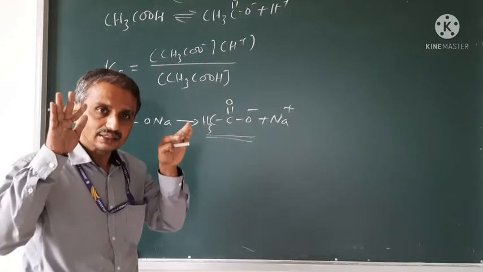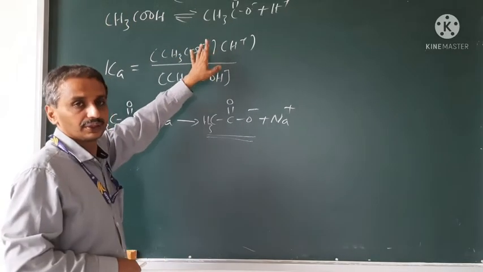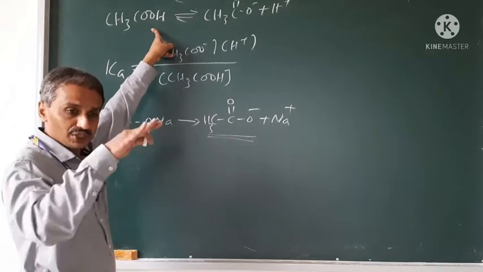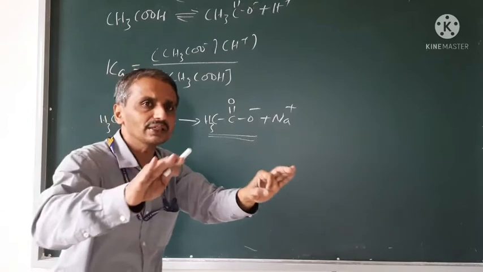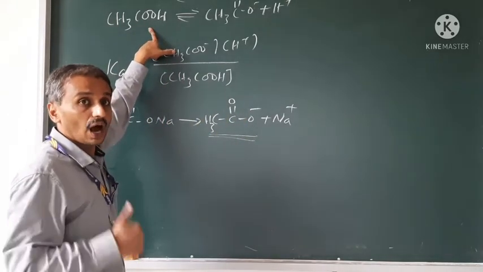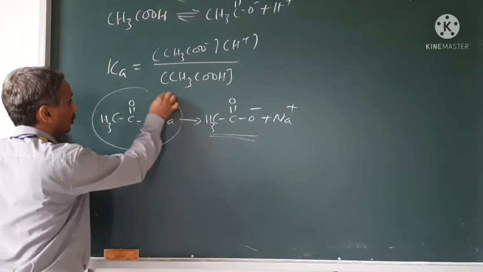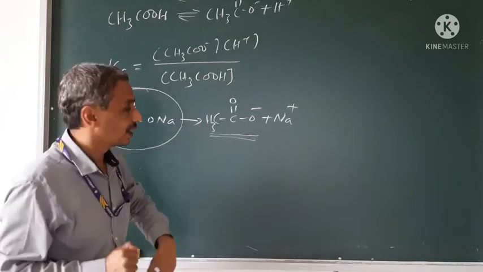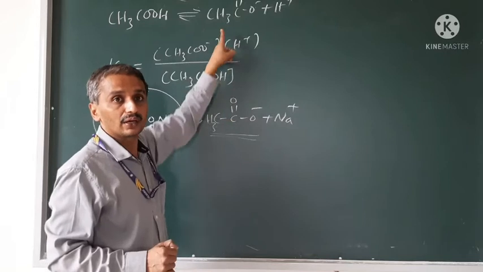And this suppression in the degree of dissociation, as this acetic acid dissociation is suppressed: the suppression in the degree of dissociation of weak electrolytes, how? Upon addition of a strong electrolyte, but what should that be? Having a common ion.